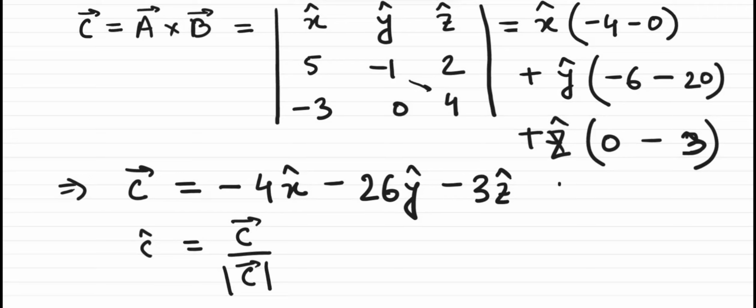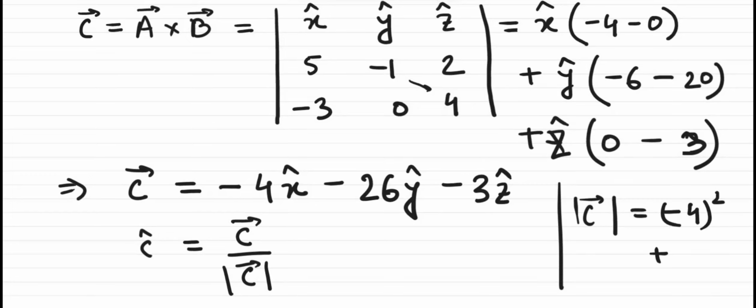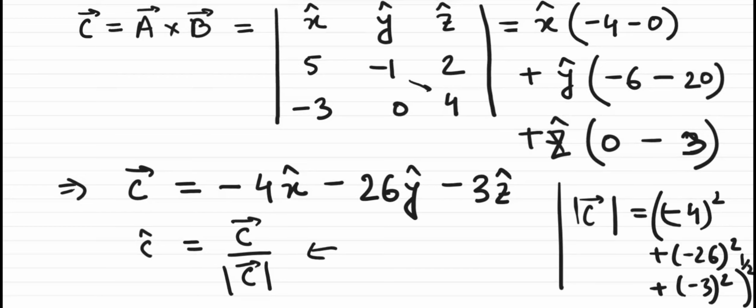And the magnitude is of course given by the square root of negative 4 whole squared plus negative 26 whole squared plus negative 3 whole squared, and then you just plug them in here, and that would yield the desired answer.